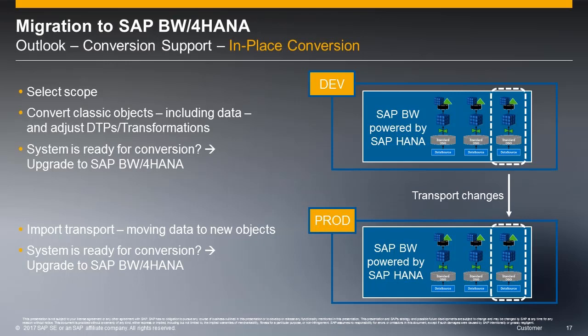The whitelist is gone. This is go time, right? So this is really playing a preseason game, if you will, right? It's getting you ready, doing your last checks, running some of your tools that are checking the system to make sure you're all set to go. You've converted everything to HANA optimized, and then once your checklist comes all green, now you're ready for the conversion. And then that will upgrade you to BW for HANA.